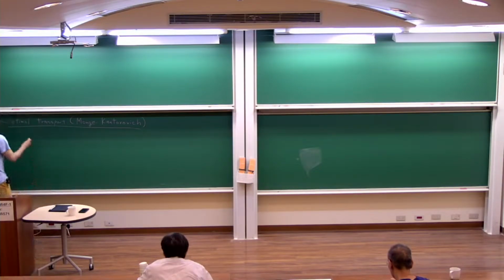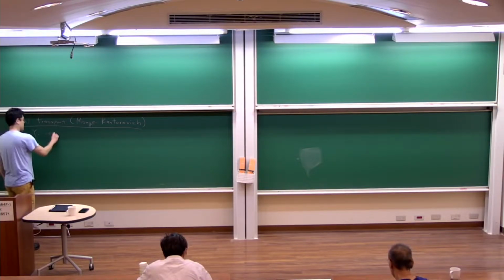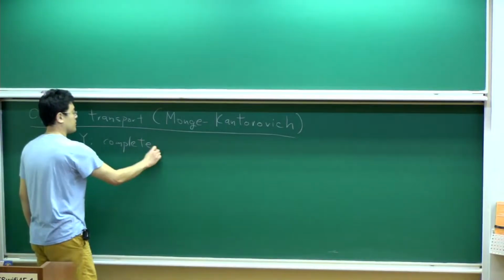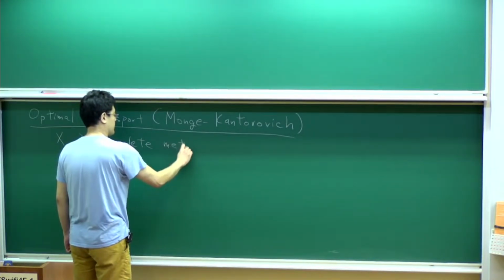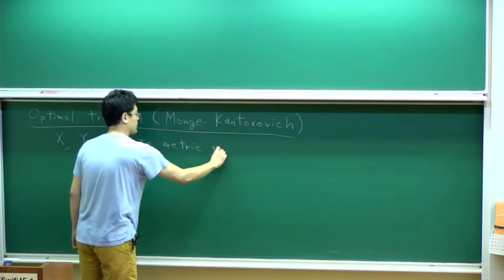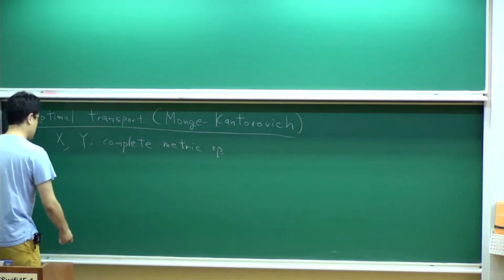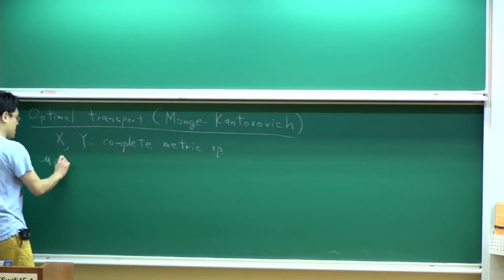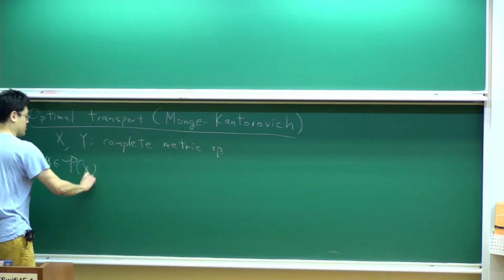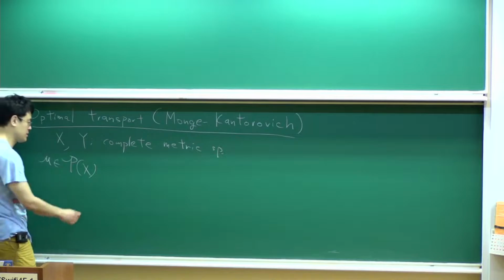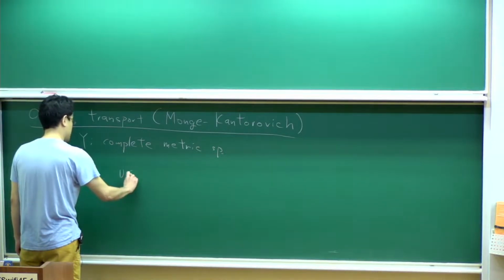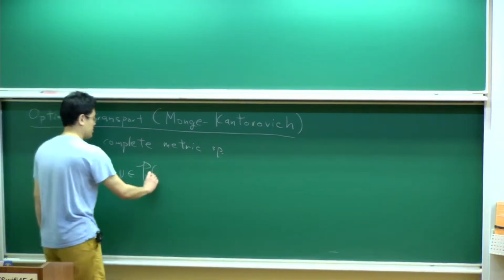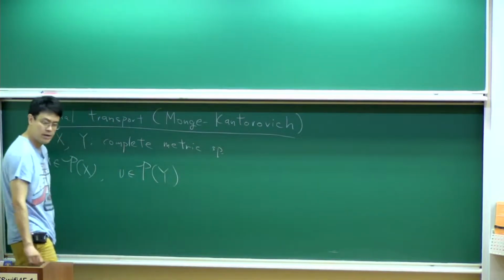What you have are X and Y. These are generally complete metric spaces. And then you have two probability measures. So mu, this is a Borel probability measure on the first space X, and nu, this is a Borel probability measure on the second space Y.